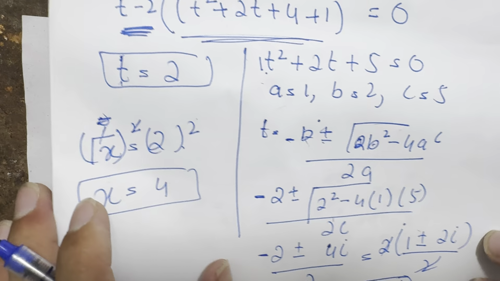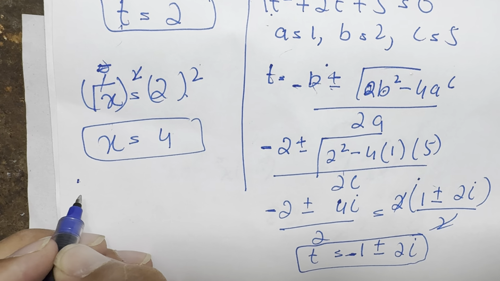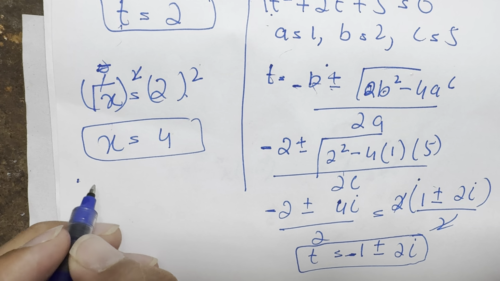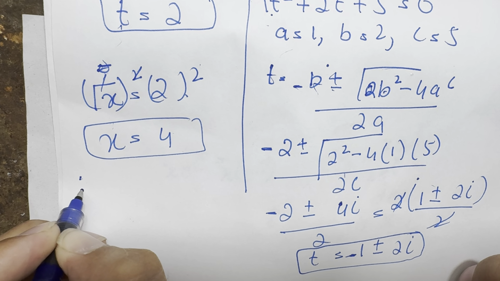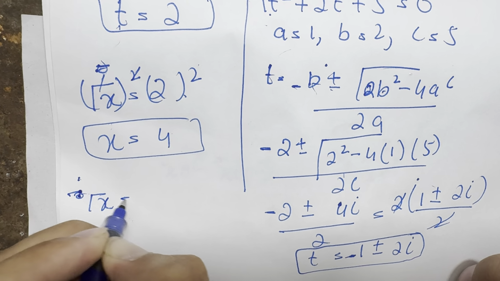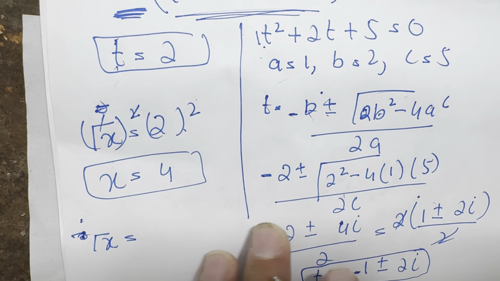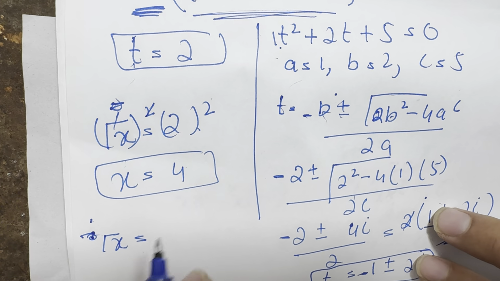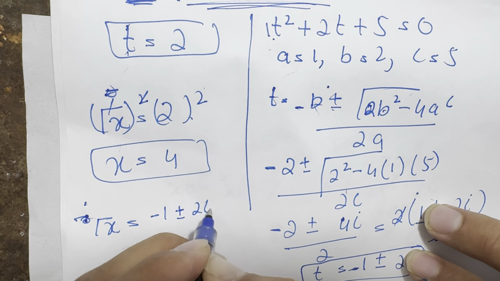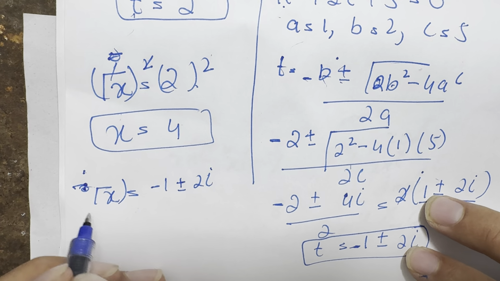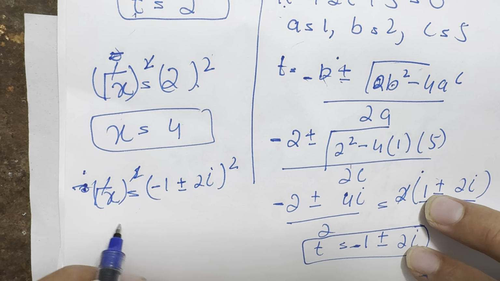So this is minus 1, and so under root x will become equal to minus 1 plus minus 2 iota.